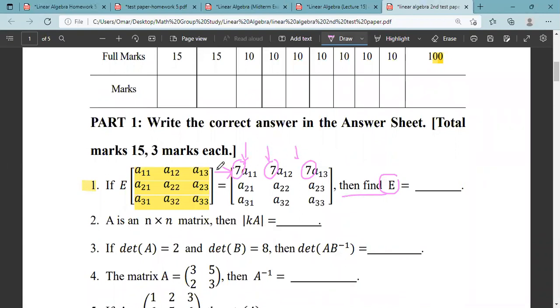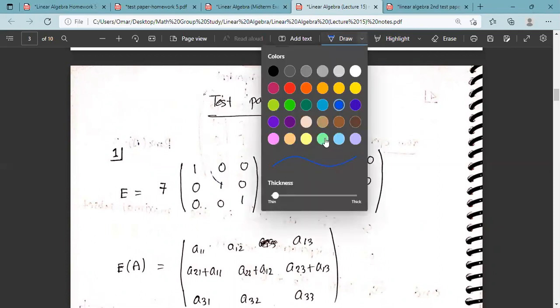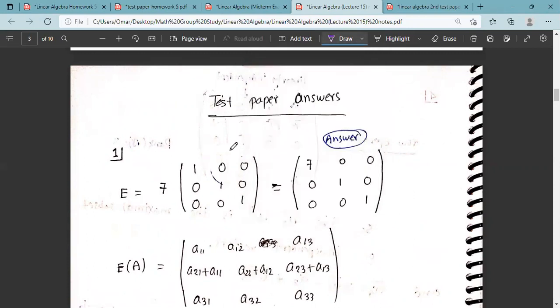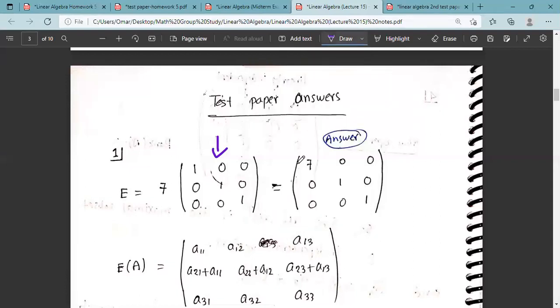So I have written a 3 by 3 identity matrix here, and then I have multiplied 7 with the first row.